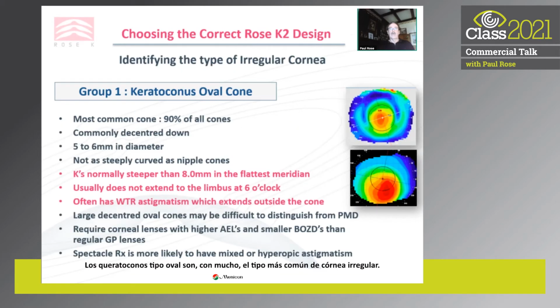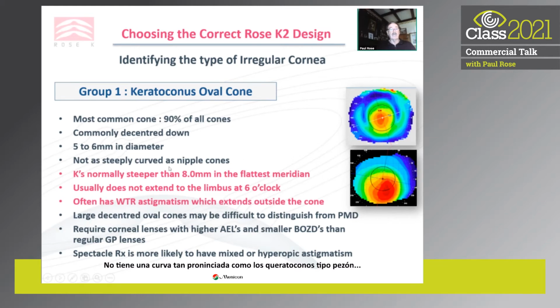Oval cones are by far the most common type of irregular cornea. About 65% of all the irregular cornea you deal with are oval cones, and it represents about 90% of the cones you can see. It's commonly descended down, as you can see here, about 1 to 2 millimeters below the visual axis. It's 5 to 6 millimeters in diameter.